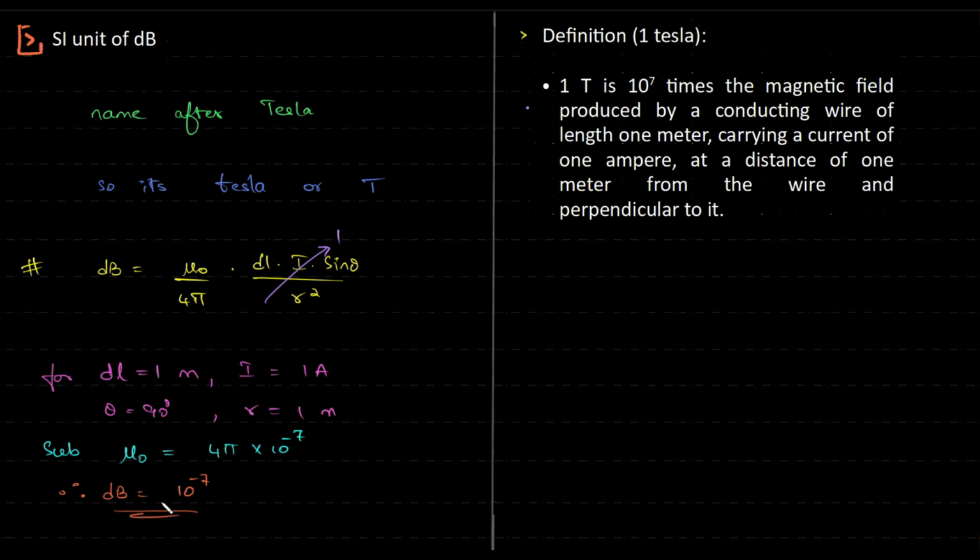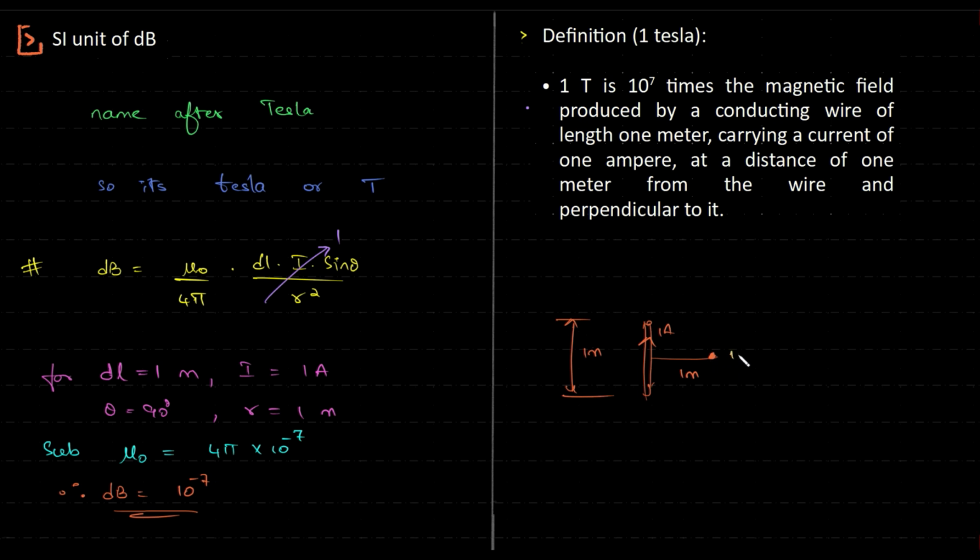Basically, for a length of 1 meter and a current of 1 ampere, when the point is at an angle of 90 degrees, so you have a wire of 1 meter and a point at perpendicularity, and the current is 1 ampere, length is 1 meter, and distance is also 1 meter, what happens?